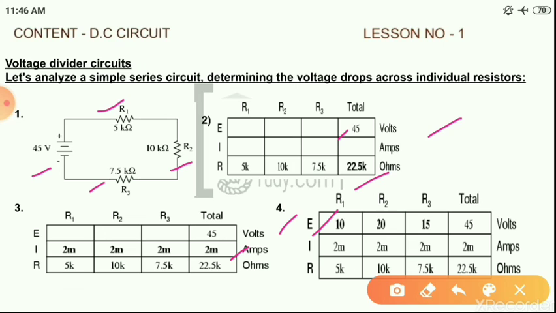For the 10 kilo ohm resistor, for 2 milliampere current, a 20 volt drop will occur in this resistance, and for R3 it will be 15 volt. So total 45 volt will be divided across 3 resistances. For R1 10 volt, for R2 20 volt, and for R3 15 volt.